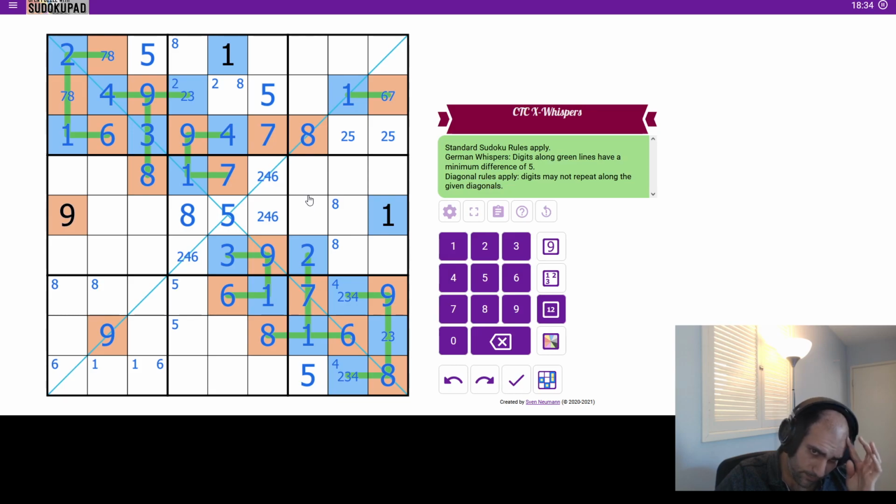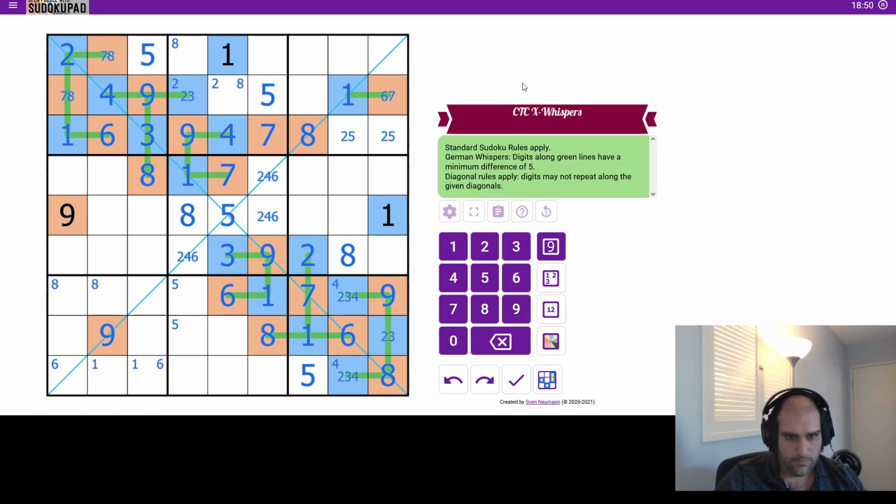Okay. 8. This isn't 2. 2 could still go here, so 2 is in one of these two spots. Not seeing any square.